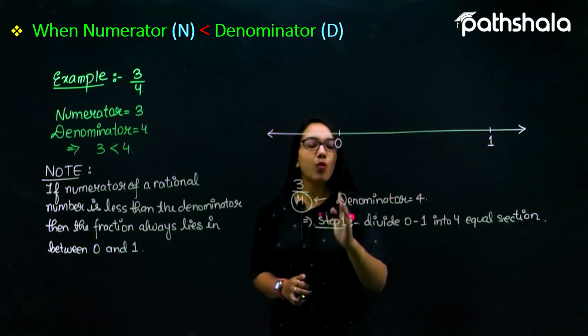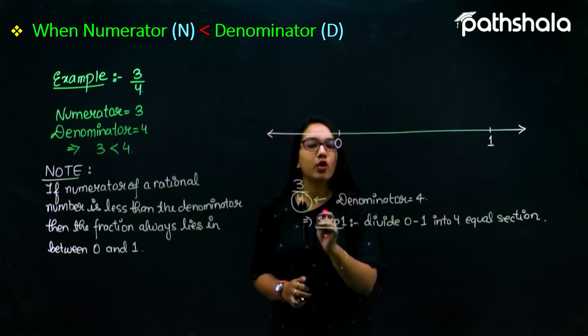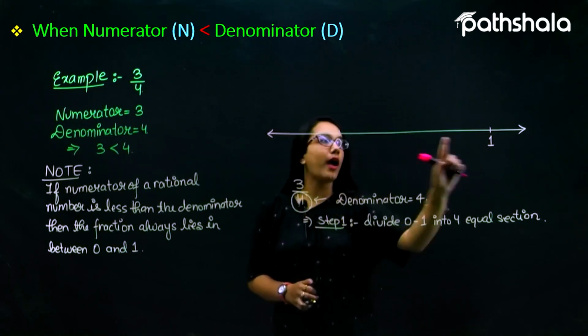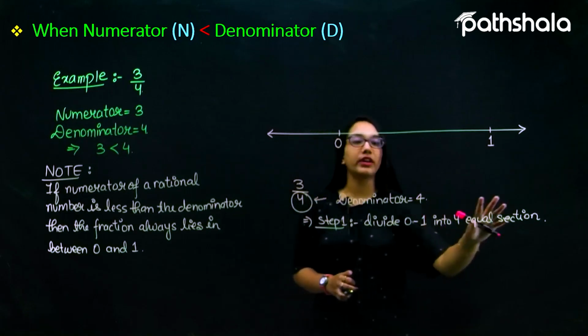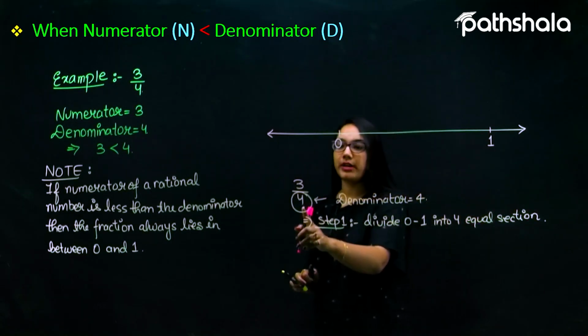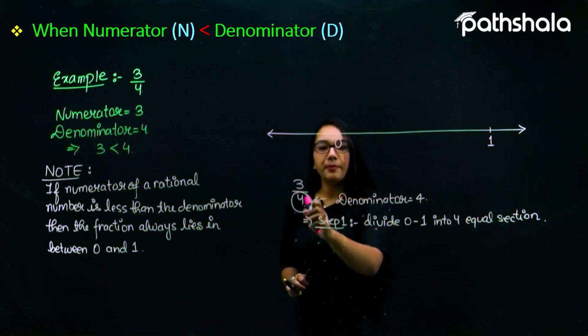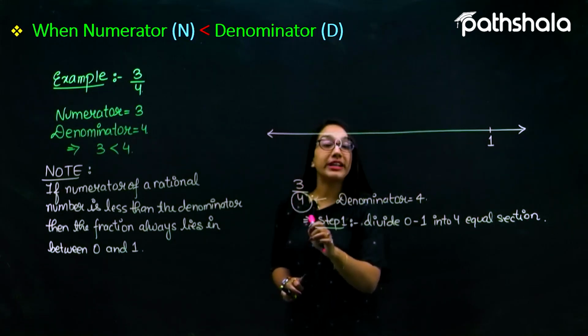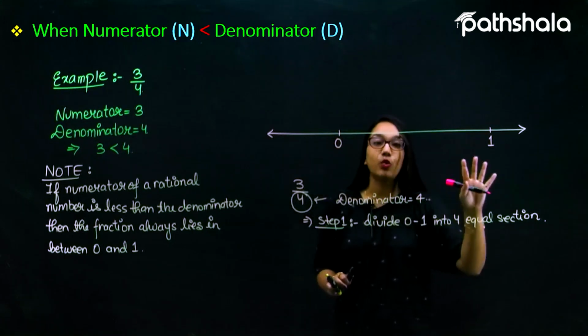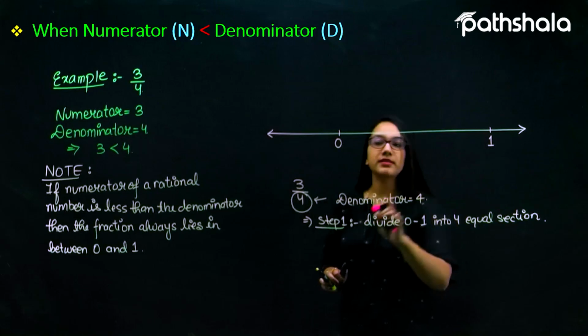Step number 1 is to always see the denominator of such a rational number first. So divide 0 and 1 into 4 equal sections. It all depends upon the denominator. Let us suppose the rational number is 3 by 5. So the denominator is 5. Now you have to divide 0 and 1 into 5 equal sections.